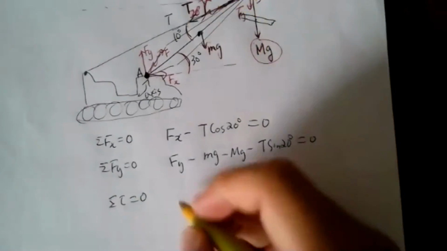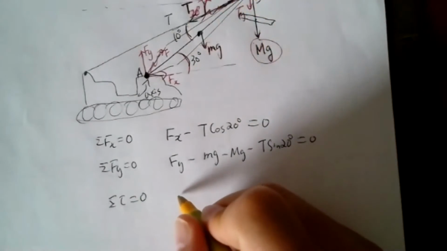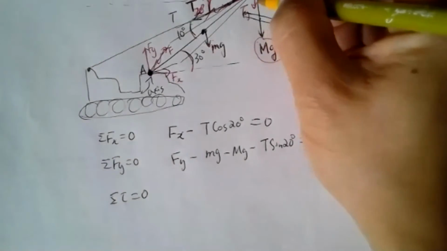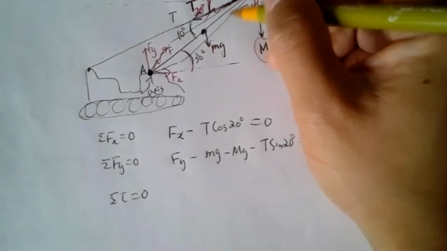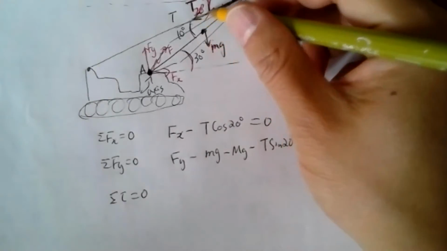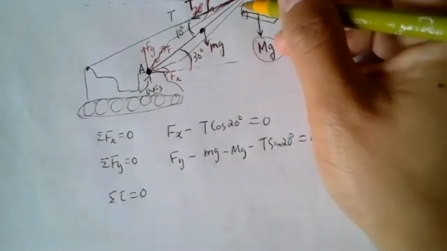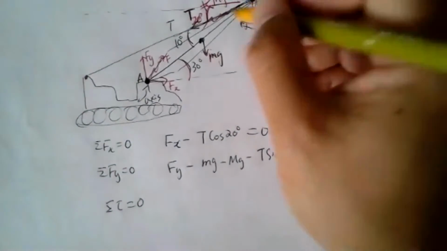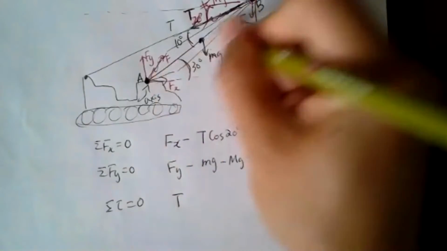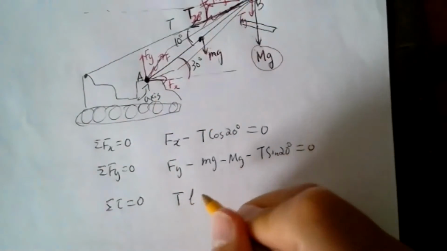You can set up that, or you can have these two together and then that one. It doesn't matter. Let me just use 3 forces. I'm going to use tension as the combination of x and y components here. So tension here, T times the total length L.